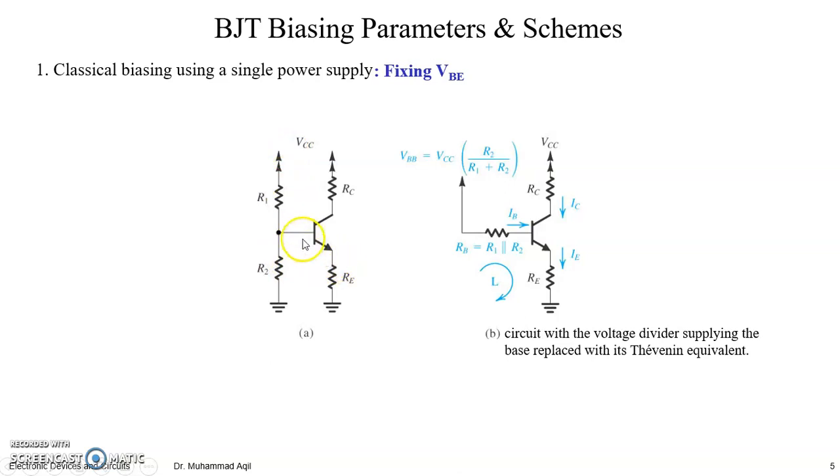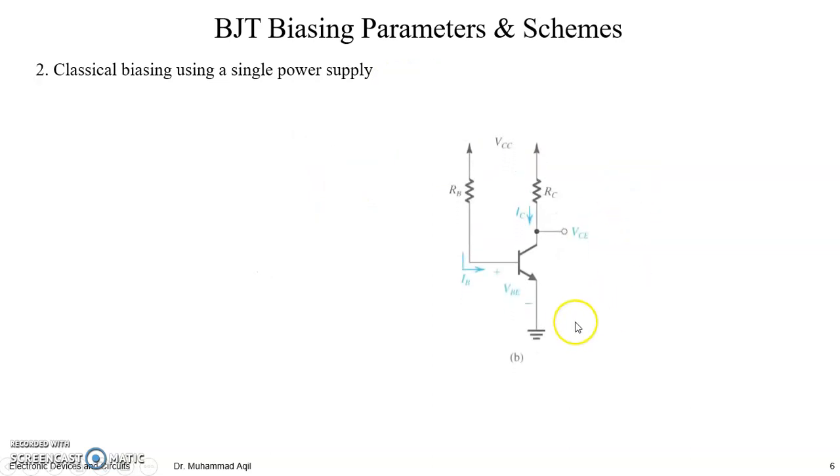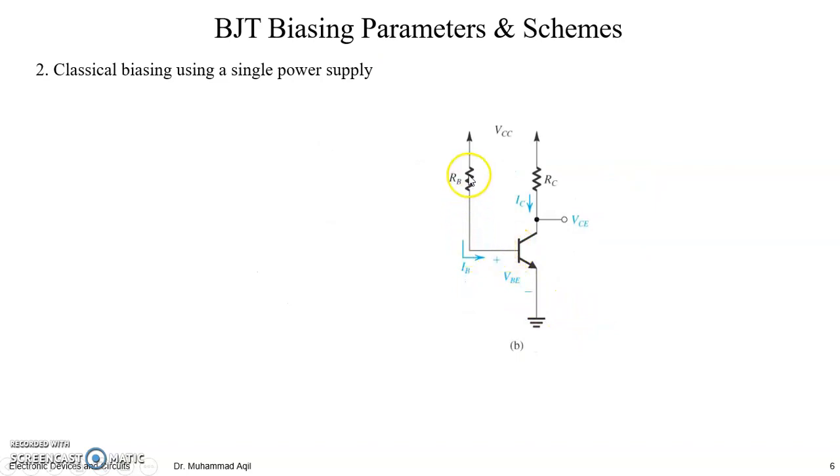If the Thevenin's equivalent circuit of this one is this, we can also use a single resistor with this VCC. Then we don't need to find R1 and R2 separately. We have to find just RB, right? But here we are actually fixing the IB.